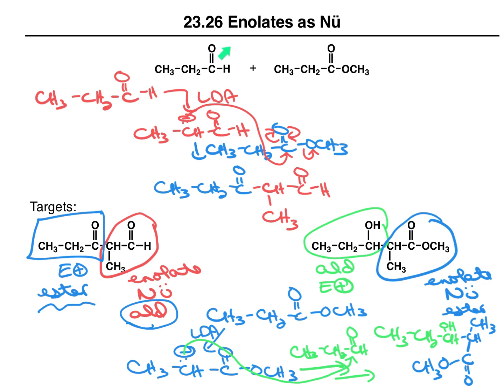Mixing together different aldehydes, or reacting together different esters, or reacting an aldehyde with an ester, reacting an ester with an aldehyde, reacting an ester with a ketone, right? There's a lot of flexibility in terms of reaction products. So the more practice you get working forward, the better you will get at working backwards.